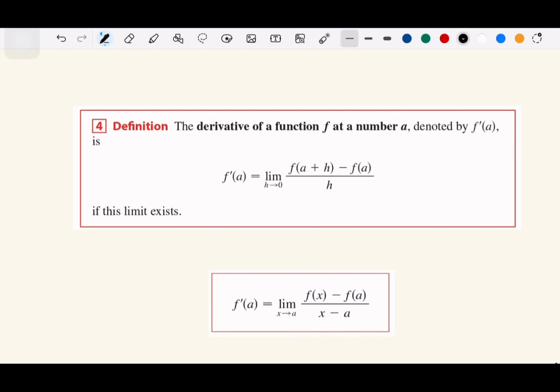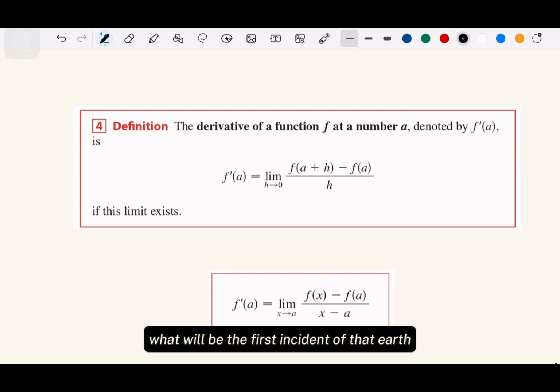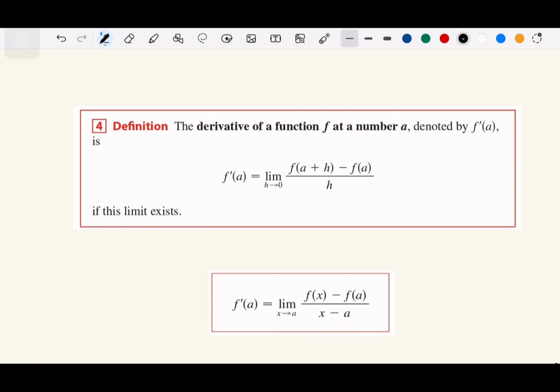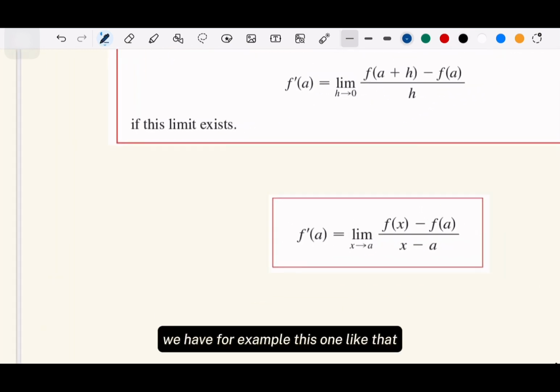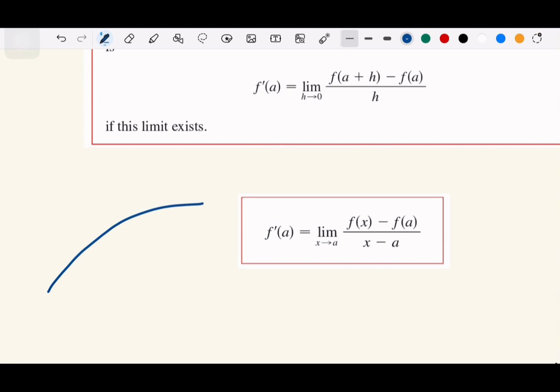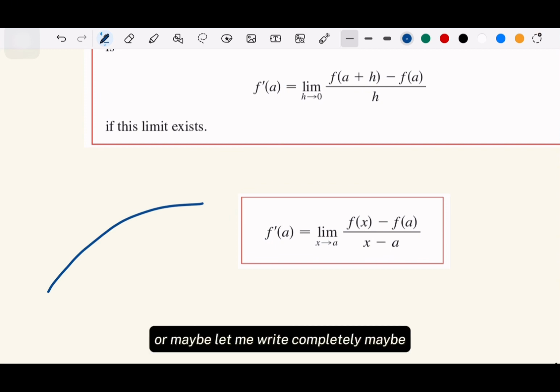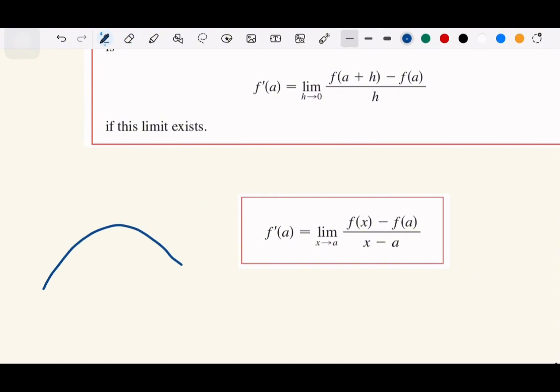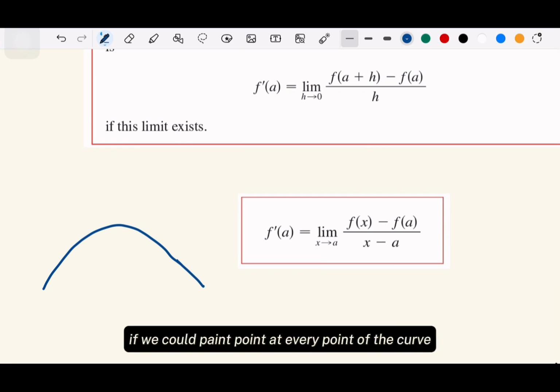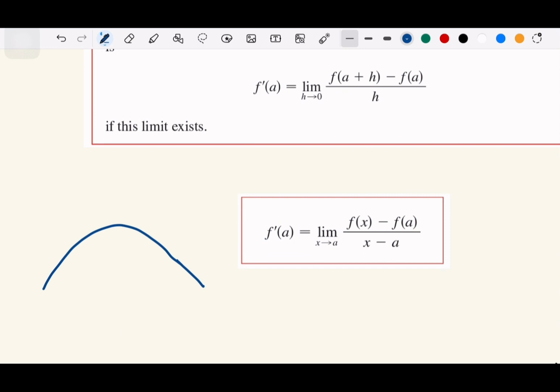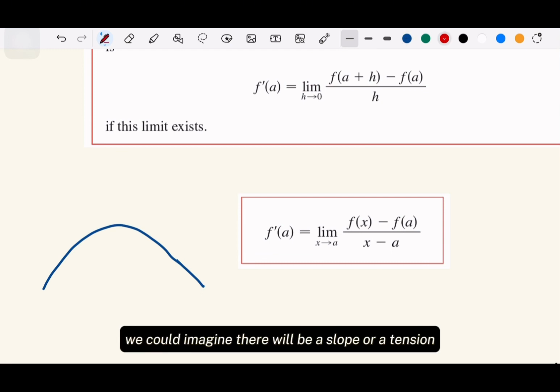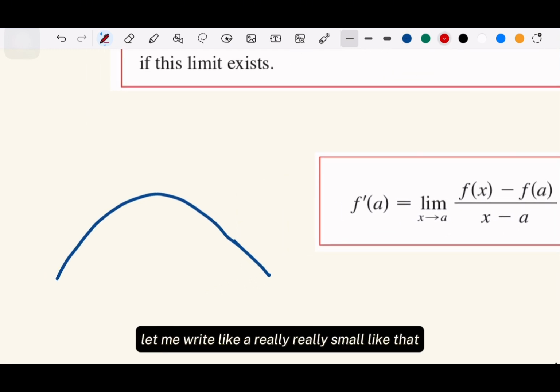The first derivative. So if we have a curve, we could describe what will be the first derivative of that curve, which means, if we have, for example, this one like that, or maybe let me write it completely, like that. So if we could pinpoint every point of the curve, we could imagine there will be a slope or a tangent. Let me write a really small one like that.